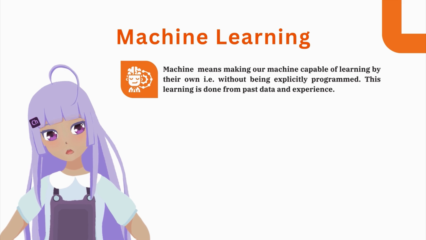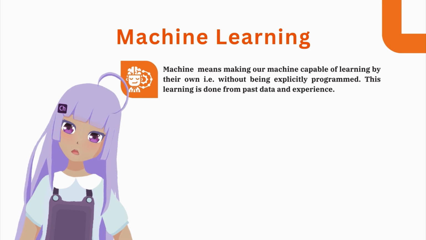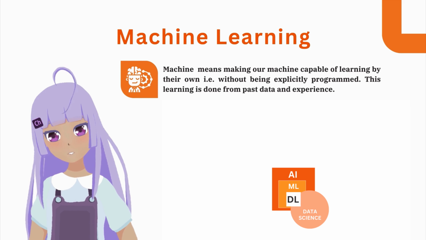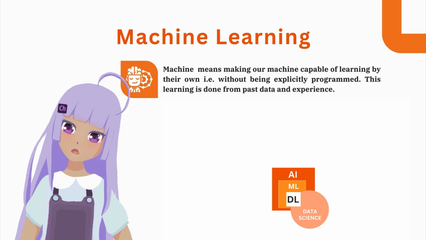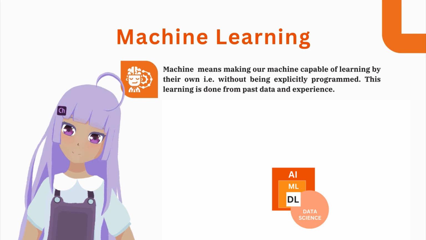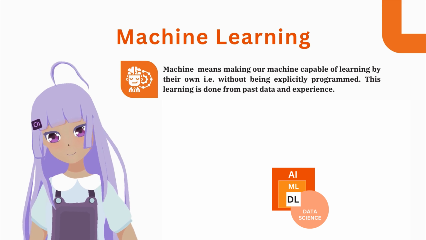Now let's see how machine learning and data science are related. First there is a superset, and the superset is AI. AI means artificial intelligence. Artificial intelligence means making our machine intelligent. That means imparting human-like intelligence to our machines so that our machines can behave like humans. So that comes under artificial intelligence.